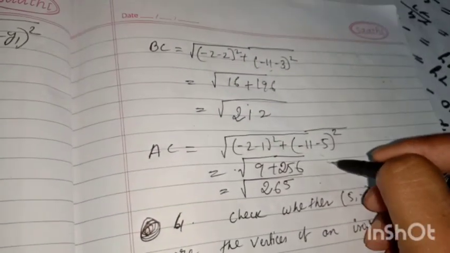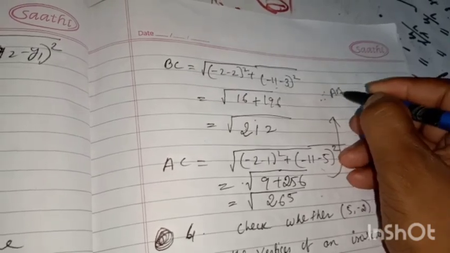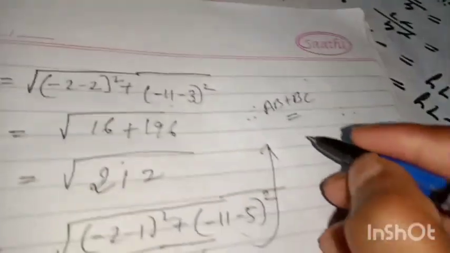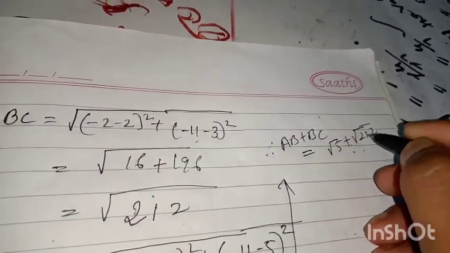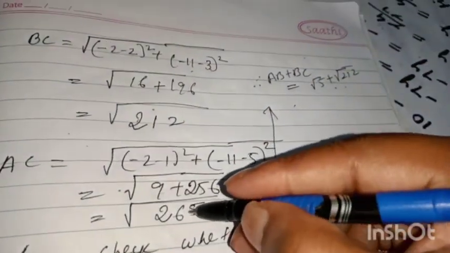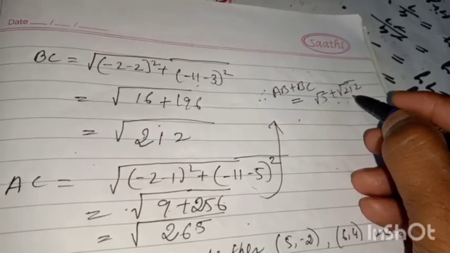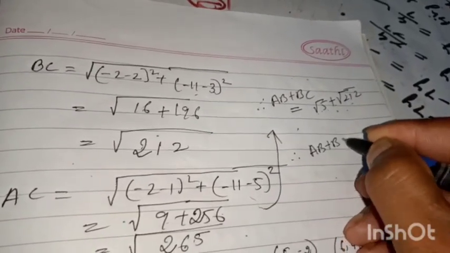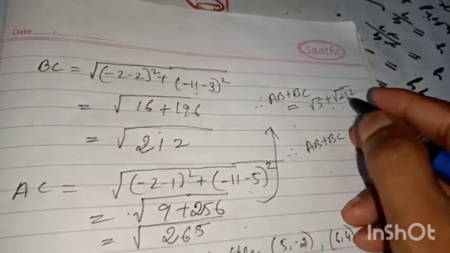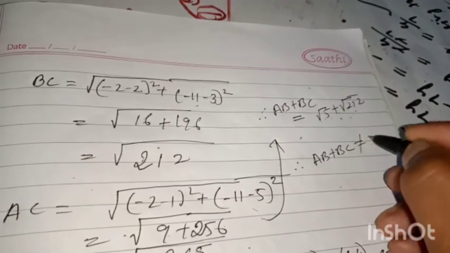Now see, if you find AB plus BC, what is AB here? Root 5, and BC is root 212. You cannot add these two, and AC is root 265. So the sum AB plus BC, root 5 plus root 212, is not equal to root 265, which is AC.